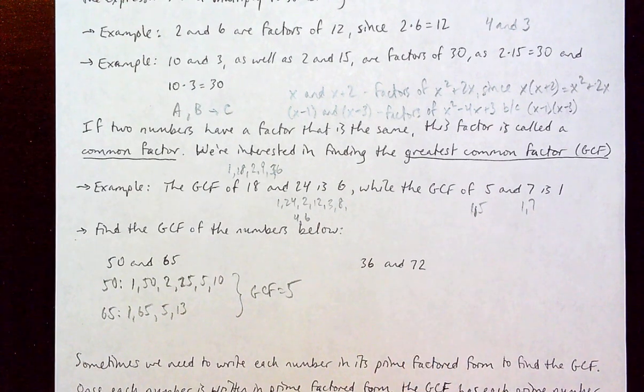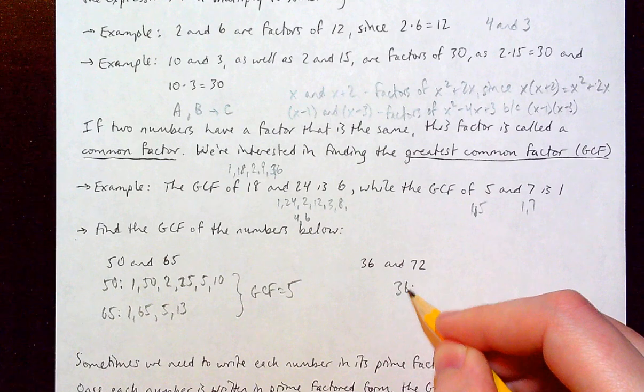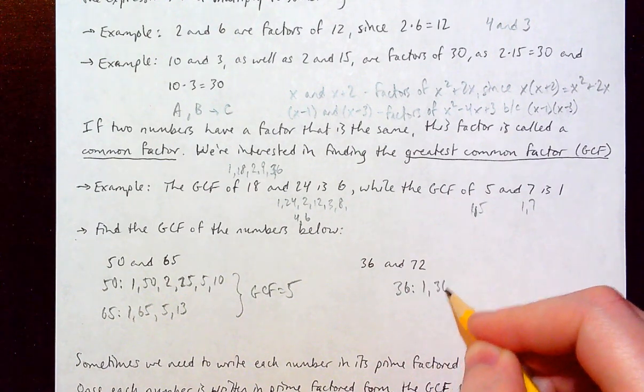This case right here is kind of a neat case. If we list out all the factors of 36, well, we have 1 and 36.